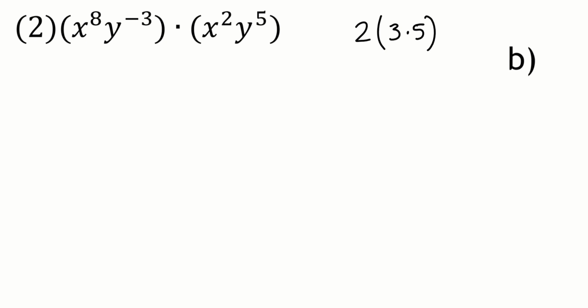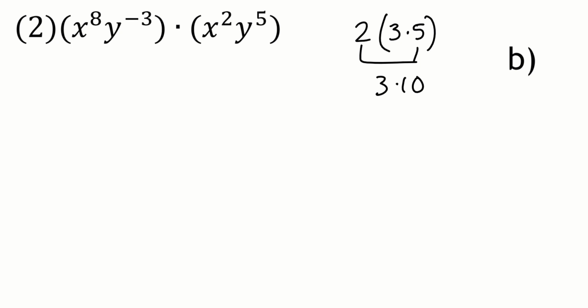That's just the number 30. I can get it by doing the 2 times 3, which is 6, and then I have 6 times 5 is 30. Or I could do the 2 times the 5, and I would get 3 times 10. But I'm not doing it to both, right?